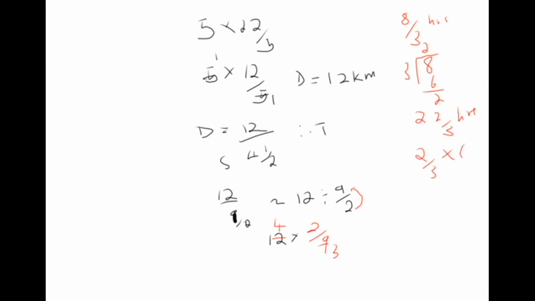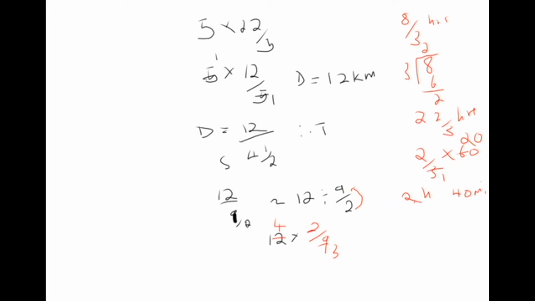Times 60. 60 divided by 3 is 20, and 2 times 20 is 40. So we have 2 hours and 40 minutes as he was going back.